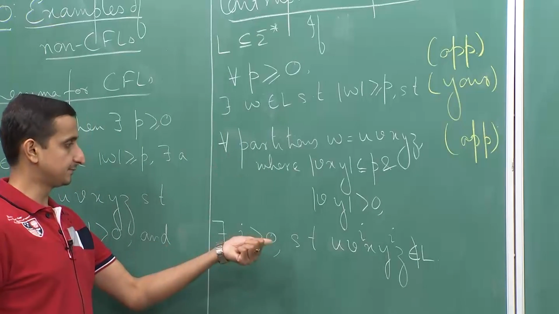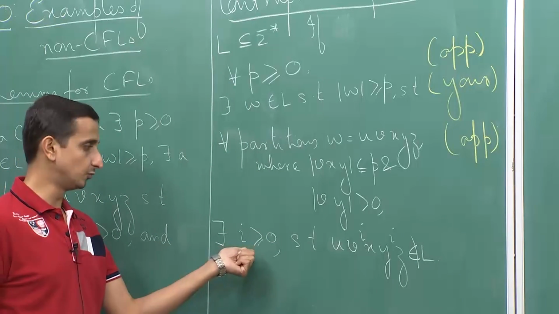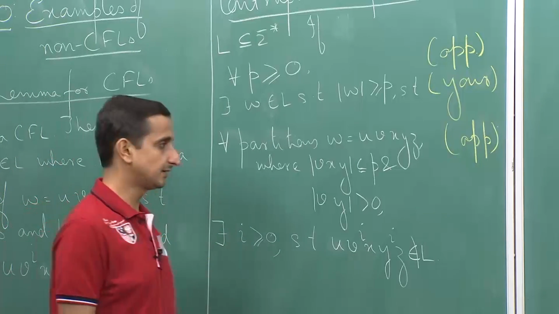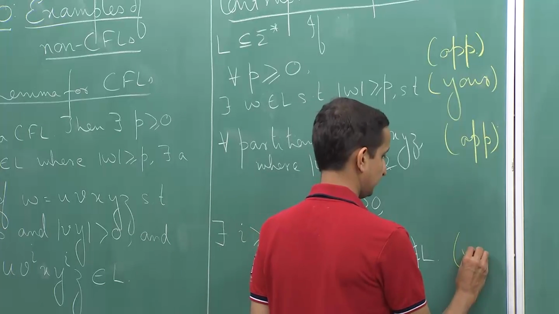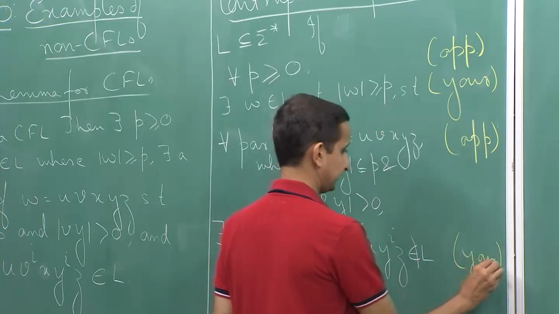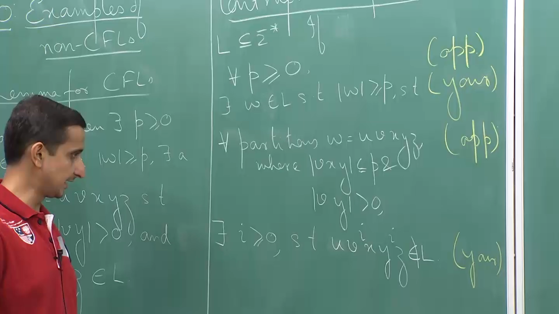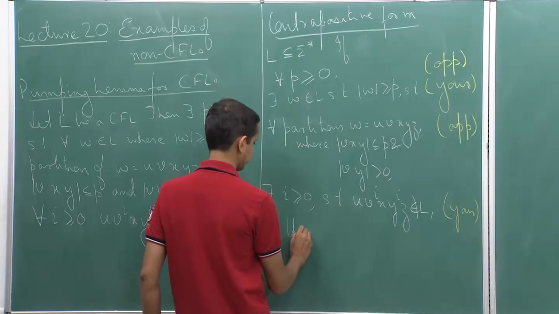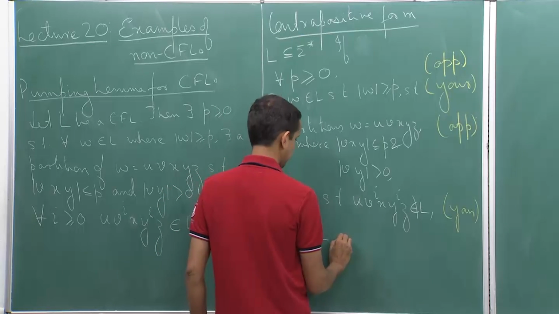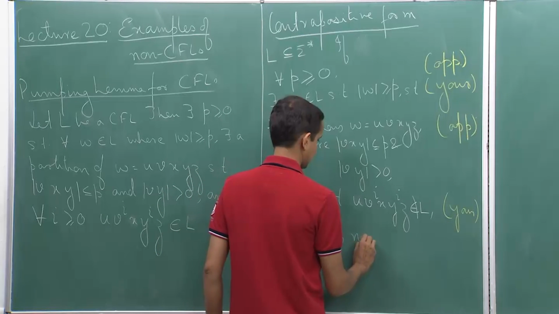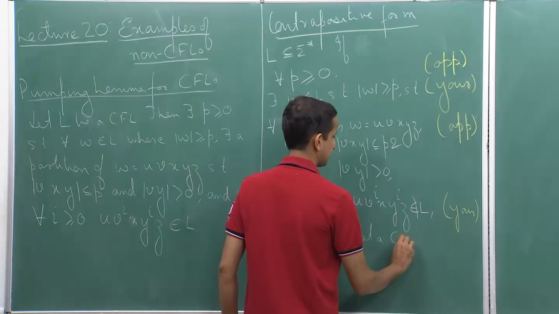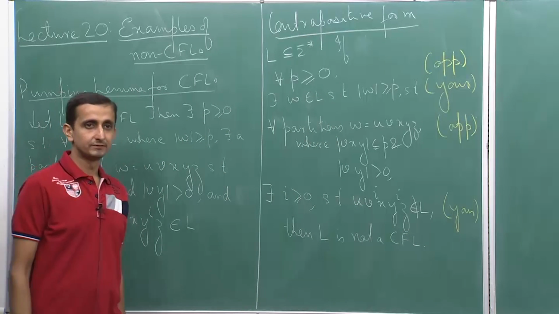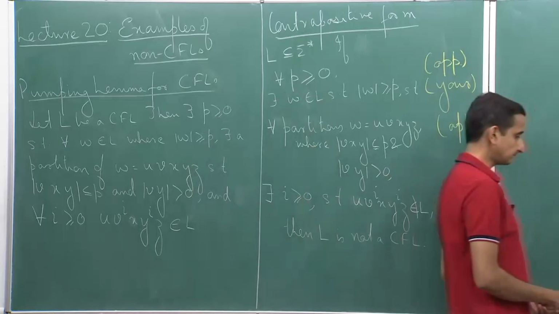So, now given this partition, you can choose an i that you like, greater than or equal to 0, such that this string does not belong to L. Okay. So, once again this is your move. So, if you are able to show this, then L is not a context free language. Okay.